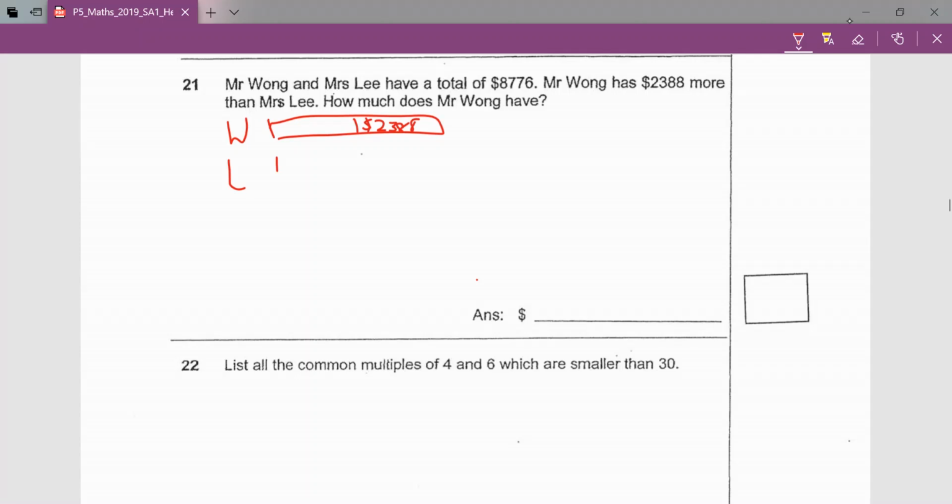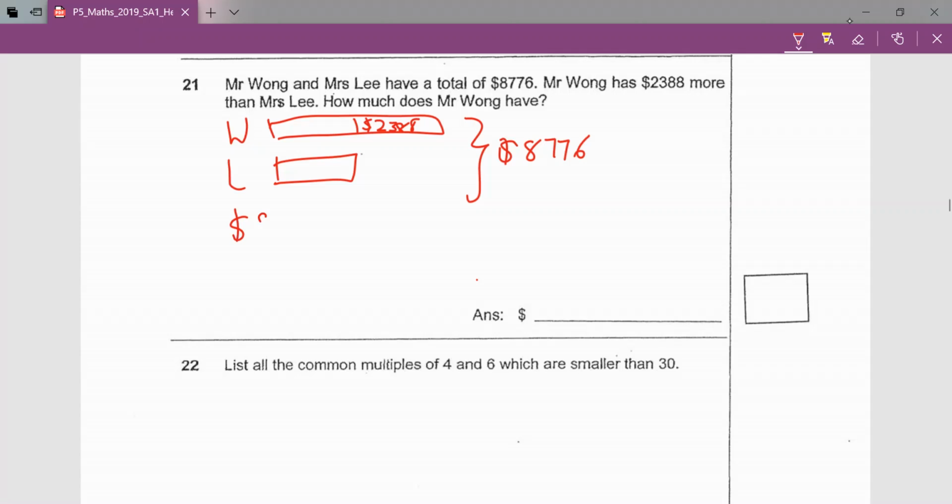Why am I writing the dollar sign? Because this is a good habit to form, even though this is Paper 1, which means that the units are often given to you and you don't have to worry about it. For Paper 2, the units are usually not given to you, so it's still a good habit to form to write down your units.